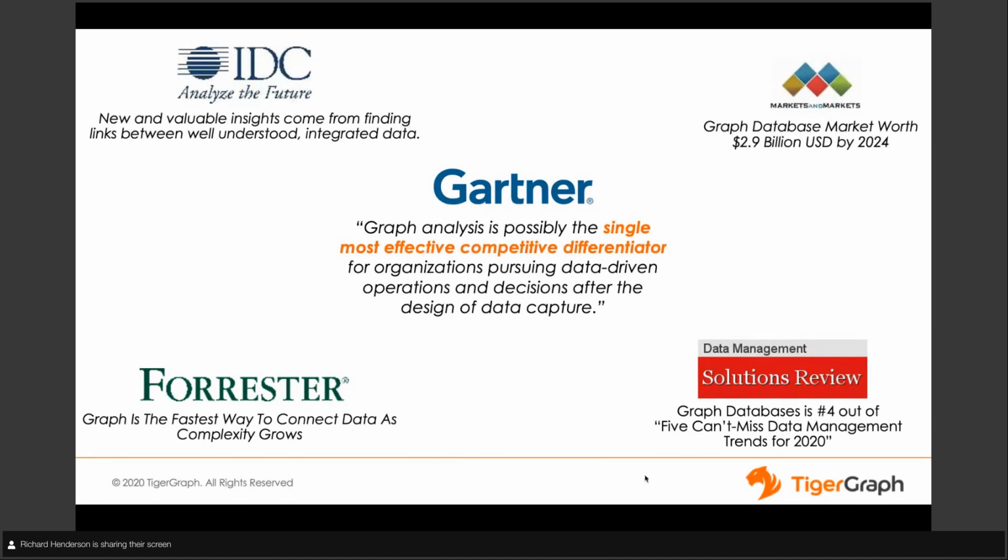IDC, it's always nice to get IDC to talk about us, make the point, which I think is the case, that the reason why it's a good thing to have is because an awful lot of the intelligence in data actually lies in the relationship of one piece of data to another piece of data. So the individual pieces of data in themselves are all very interesting, but given that the whole is greater than the parts, the question is, what's the difference and how do you find that? The only way you can really look at that is by looking at the structure and linkages between that data.